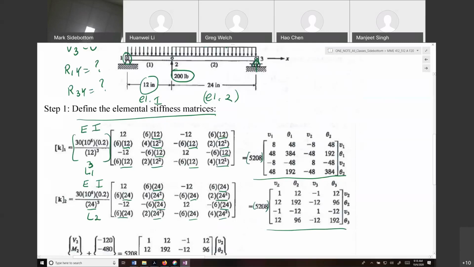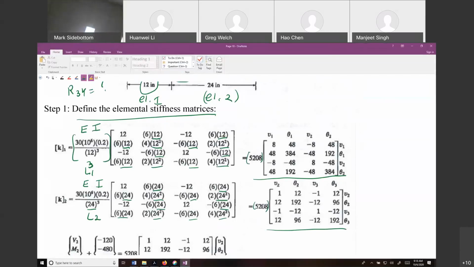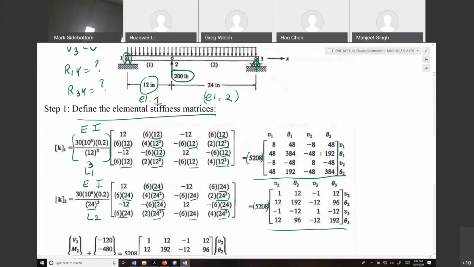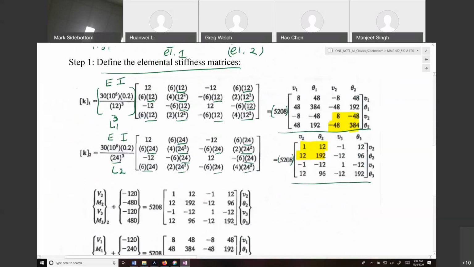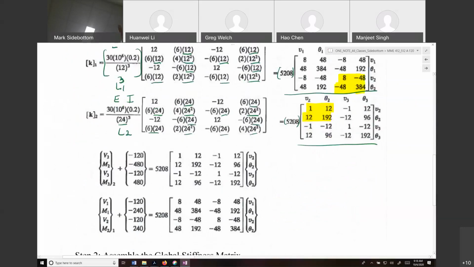And then we have a 2-element problem where we have shared nodes. Our shared node is node 2. We look at the rows and columns that have those shared nodes, a shared degree of freedom, V2 and theta 2, and we're going to combine those common sections.